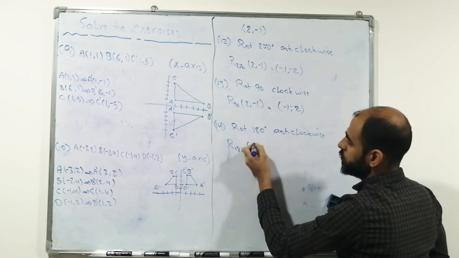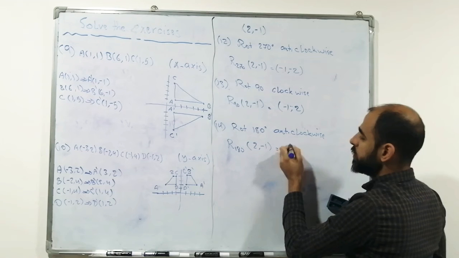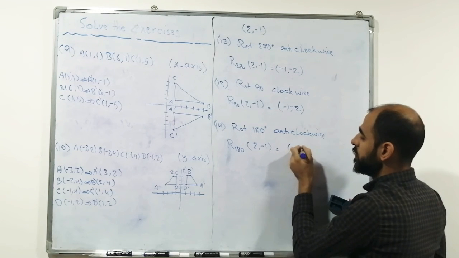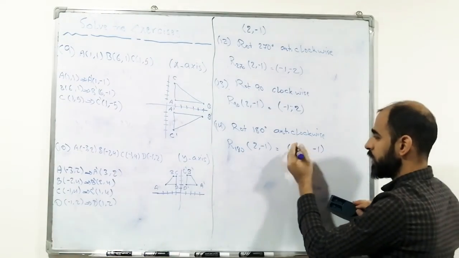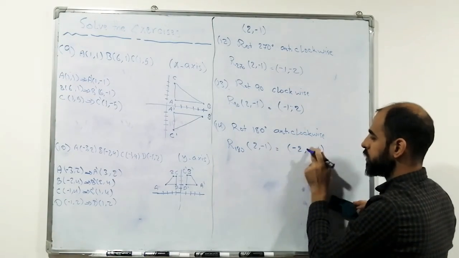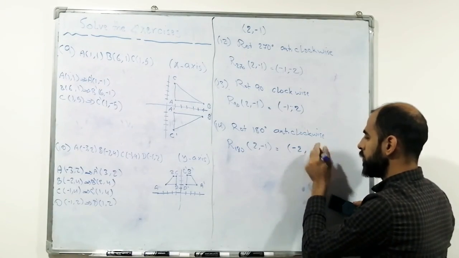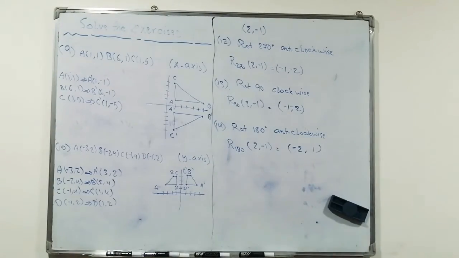For the point (2, -1), x and y stay in their places, but we have to change the sign of the two parts. Then 2 will become -2 and -1 will become 1. This is how to find the rotation of any point with rotation 90, 270 or 180 degrees.